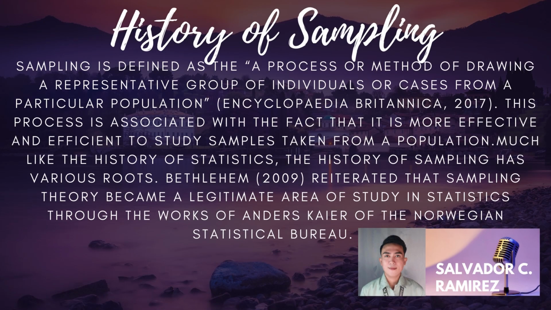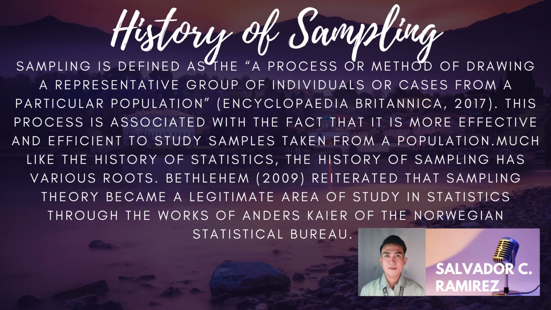History of sampling. Sampling is defined as a process or method of drawing a representative group of individuals or cases from a particular population. This is according to the Encyclopedia Britannica of 2017. This process is associated with the fact that it is more effective and efficient to study samples taken from a population, much like the history of statistics. The history of sampling has various roots.